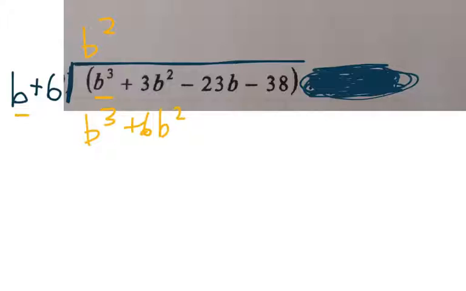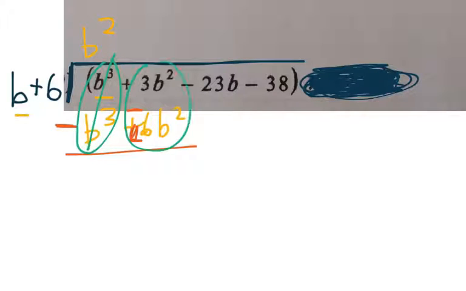Now here comes a key step, guys. With division, we minus repeatedly. So watch this. When I minus, what do you think happens to this plus right here? It's going to become a minus as well. And so what we have right here is b3 minus b3, so b3 is gone.